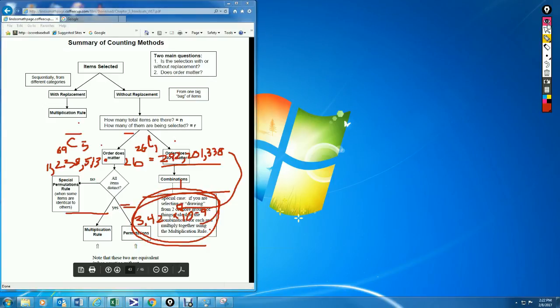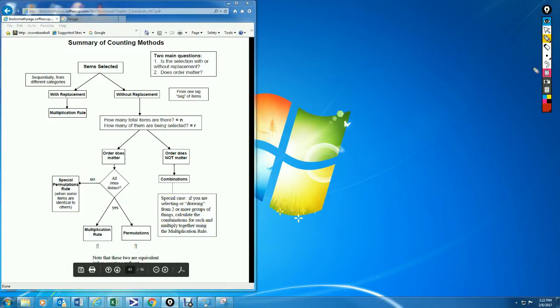Okay, and there are some key questions, like right off the bat. Are you selecting with or without replacement? Okay, because right off the bat, when you decide what you're picking, if you're doing with or without replacement, that will decide which way you go on the flowchart.